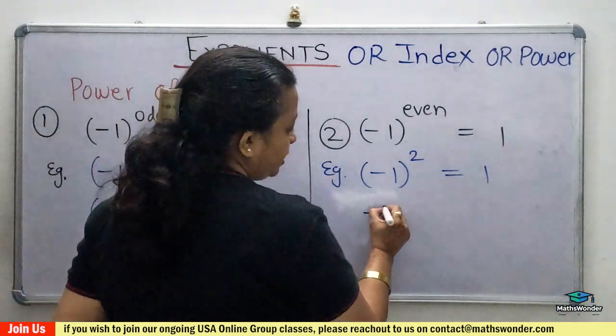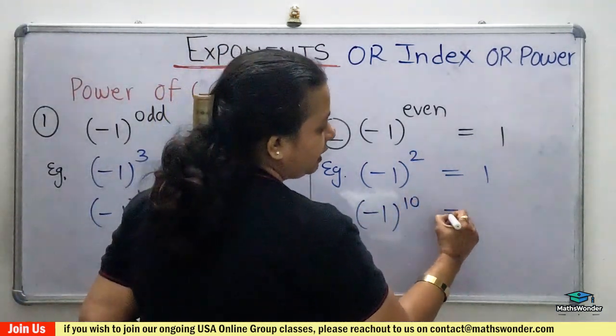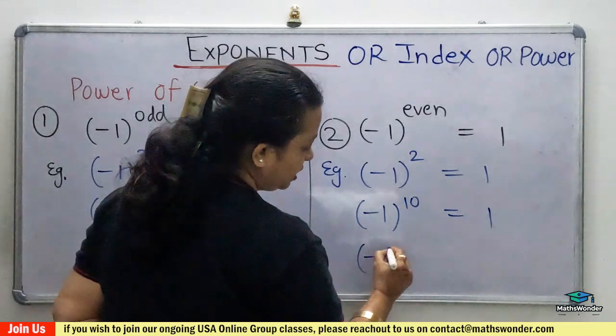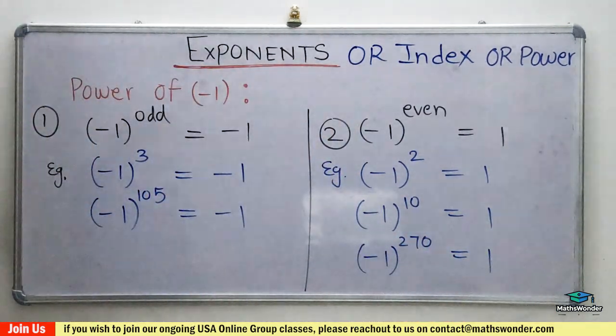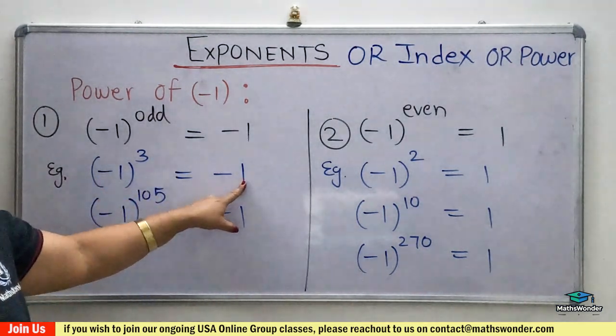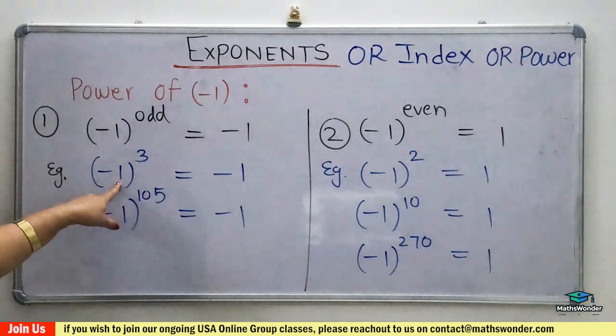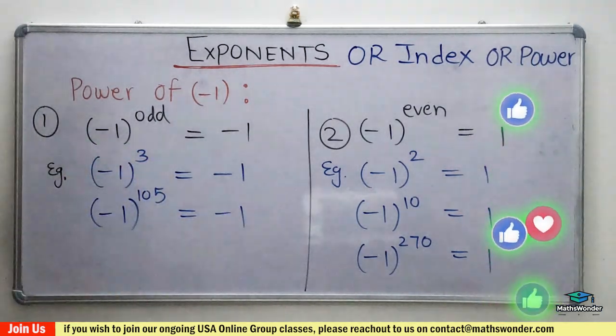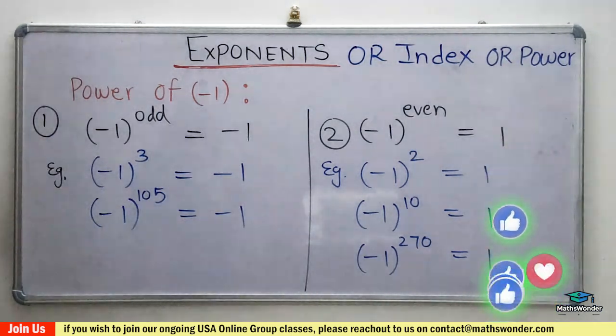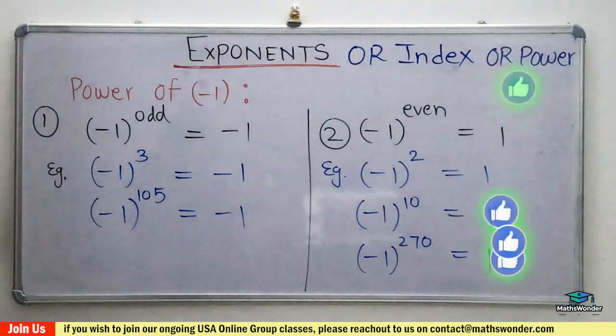If -1 is raised to the power 10, it will give the positive answer. If -1 is raised to the power 270, then your answer becomes positive. There is no negative sign, okay? Because here it is 1, so we are writing 1 here. But if the number is different, suppose 2, 3, 5, any number, you will multiply accordingly, okay?